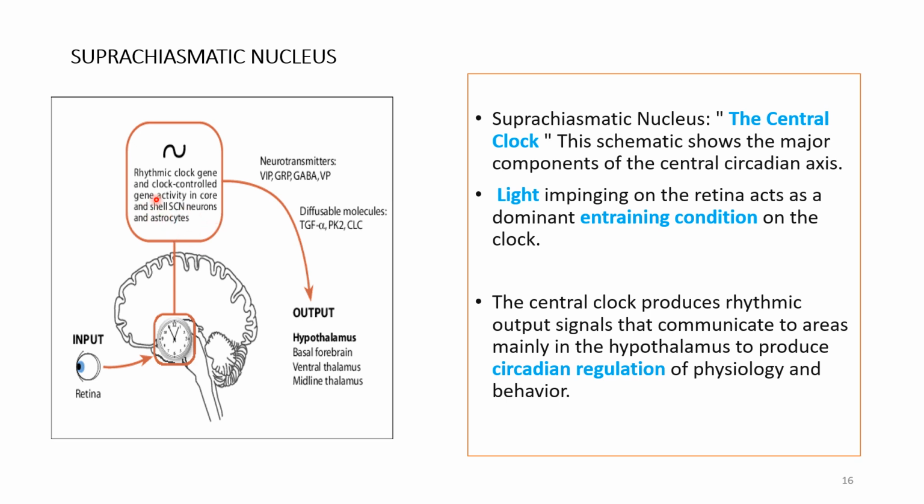There will be rhythmic clock gene and clock controlled gene activity in the core and shell suprachiasmatic neurons and its astrocytes. It will release neurotransmitters and some diffusible molecules, and the output will go mainly to the hypothalamus, and also to the thalamus, ventral and midline, and the basal forebrain.